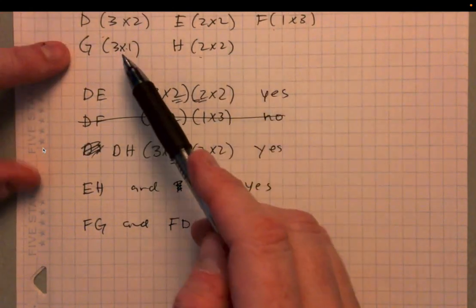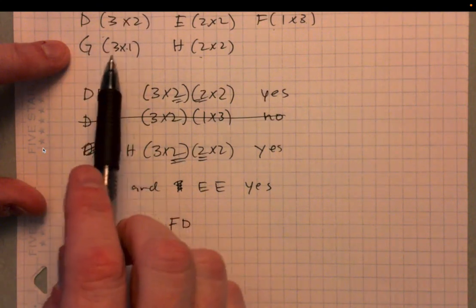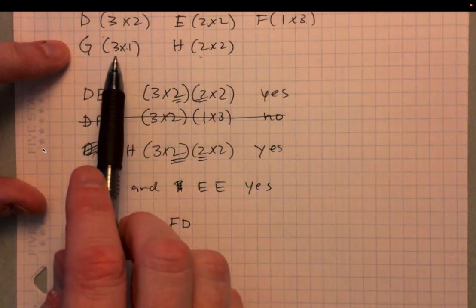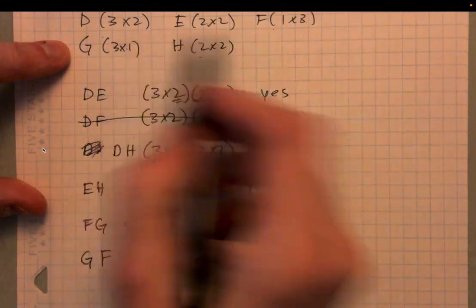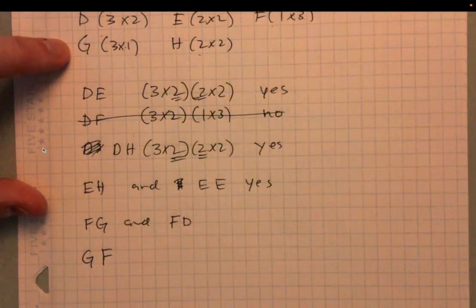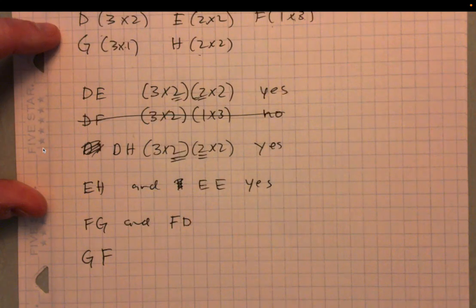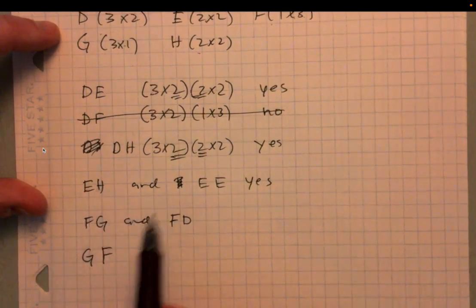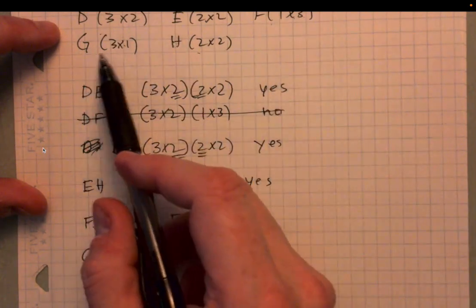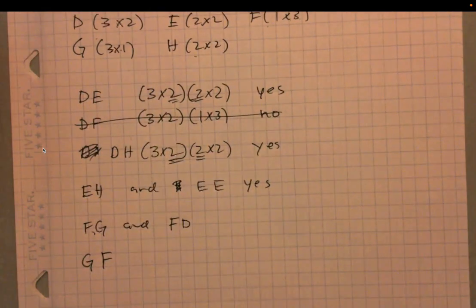Okay. What about G? G is a 3 by 1. Are there any matrices that have 1 row? Yeah. G and F, right? That one will work. Those two will work. Okay, notice F and G doesn't work. Oh, sorry, F and G does work. Yeah, we did that up here. 1 by 3 times a 3 by 1 works as well.